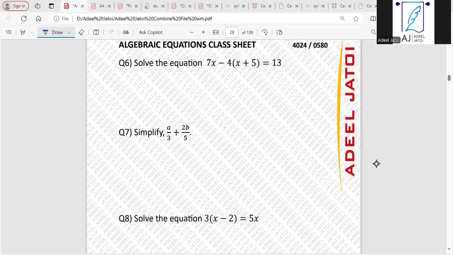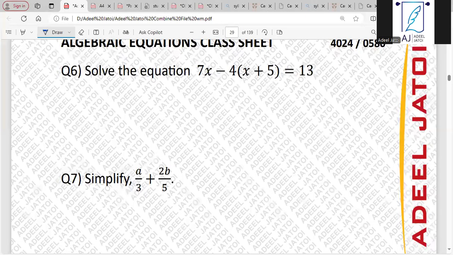Okay, look at question number 6. What is question number 6 saying? So can we just say that 7x is there. So 7x minus 4 into x will be minus 4x, right? And minus times minus becomes plus. Minus 4 into minus 5 is plus 20, equal to 13. Okay. So 7x minus 4x is 3x.